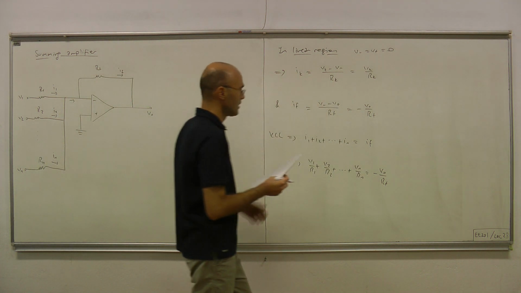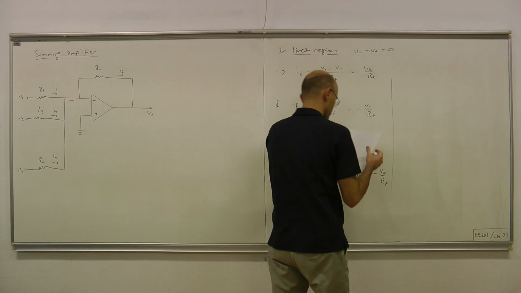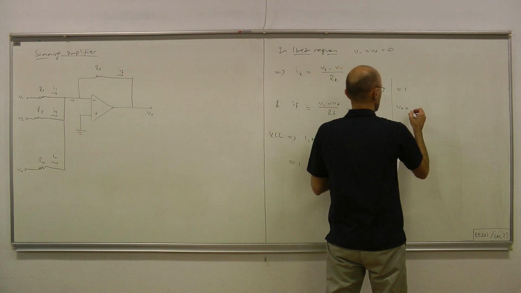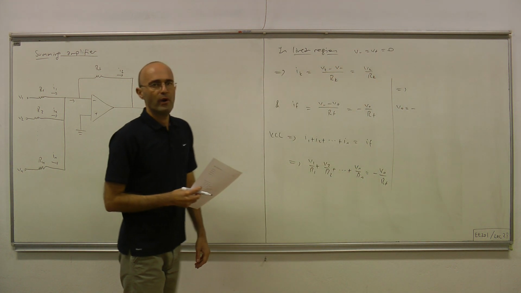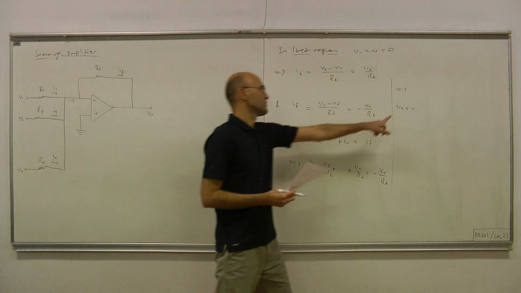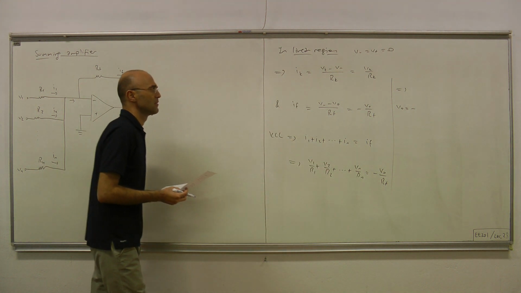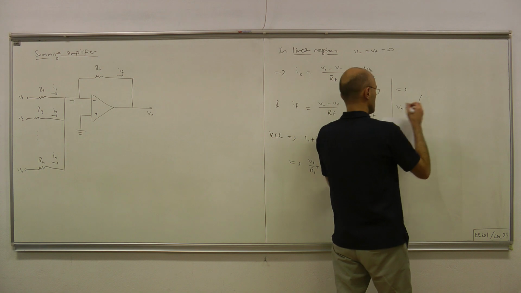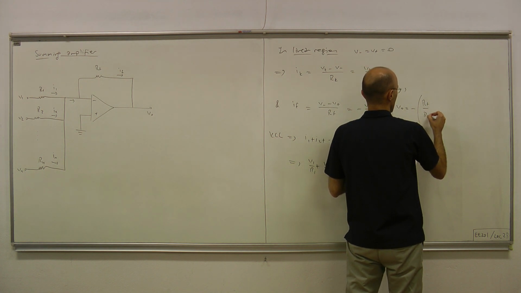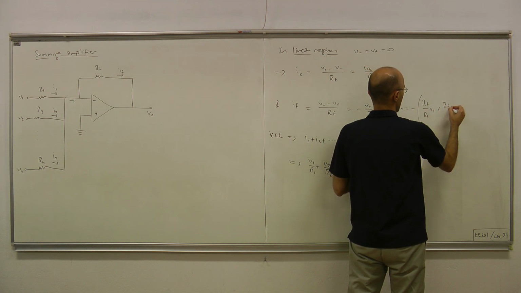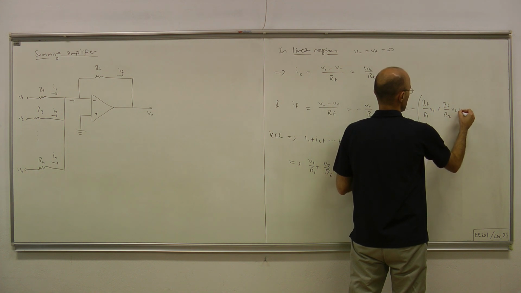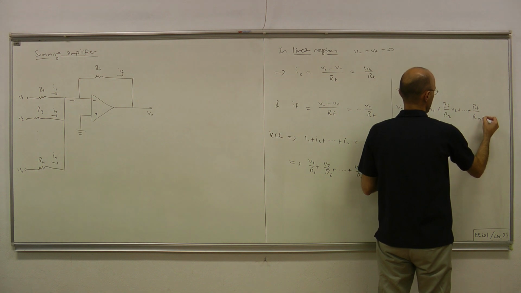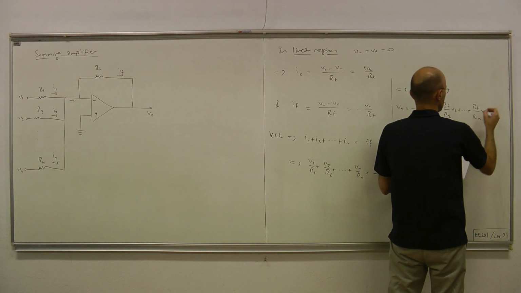Therefore, V out equals the following weighted average, well, with some minus sign in front, but that's not a problem, of the following voltages: RF over R1 V1 plus RF over R2 V2 plus RF over Rn Vn.